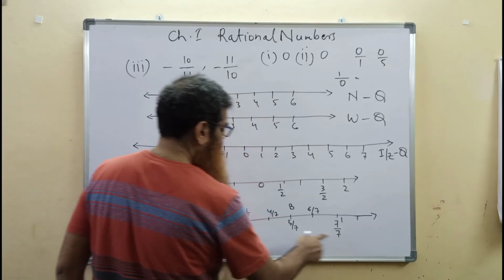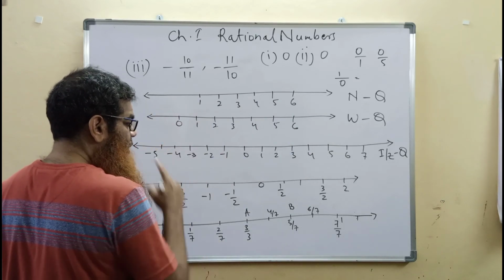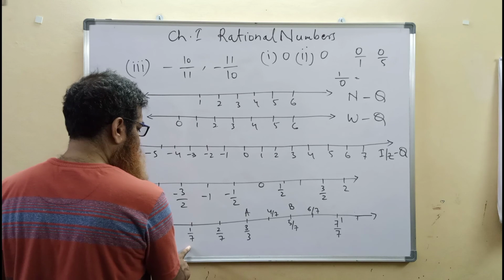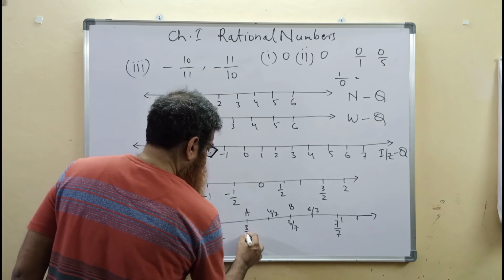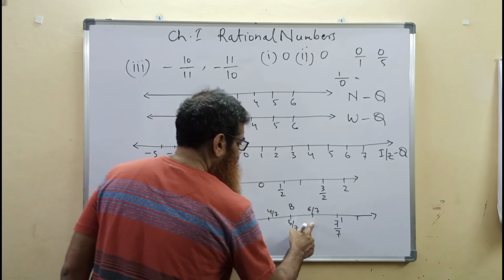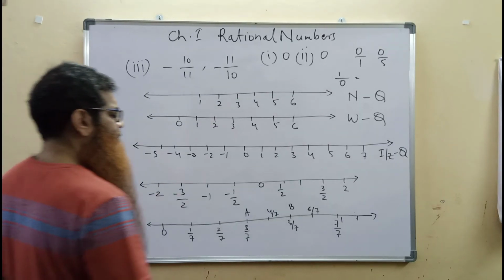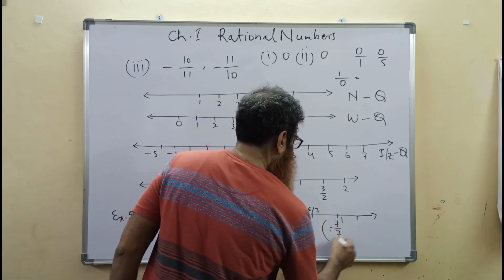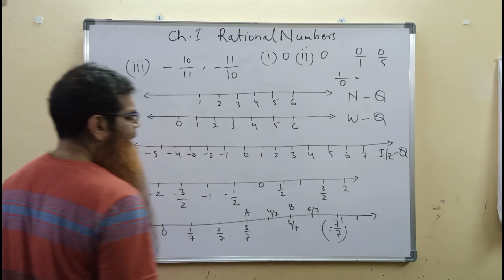Because it was 7 by 7 at the place of 1, that means there are 7 parts in between 0 and 1 on this number line. So we begin with 1 by 7, 2 by 7, 3 by 7, 4 by 7, 5 by 7, 6 by 7, and 7 by 7, which is equal to 1. So A stands at 3 by 7 and B stands at 5 by 7.